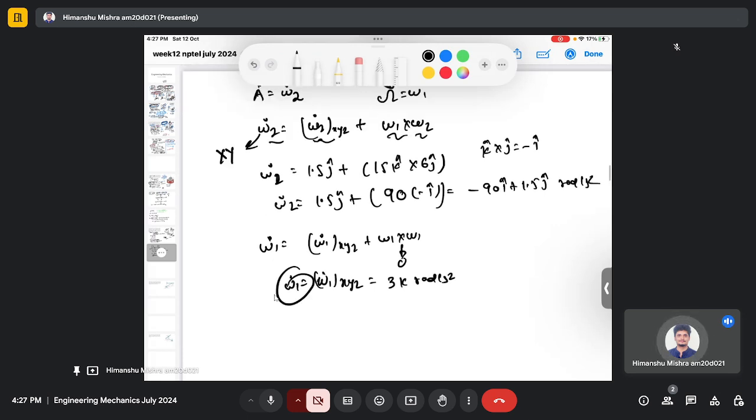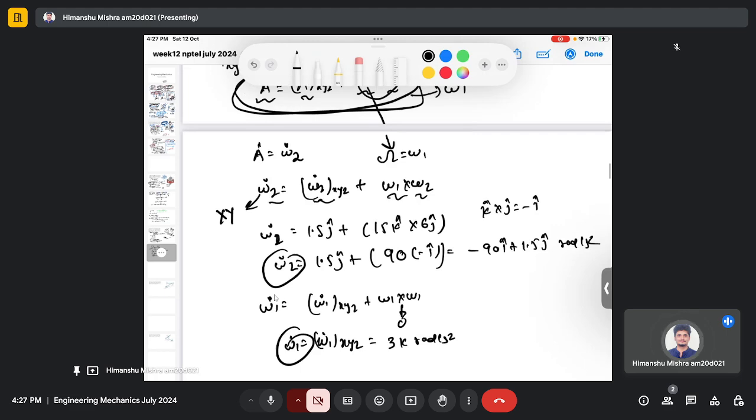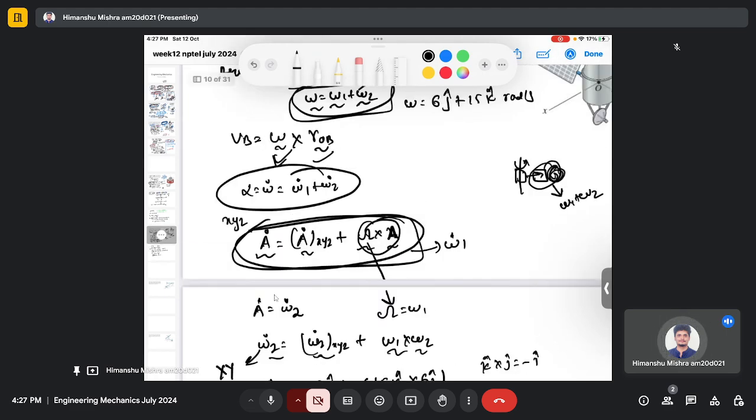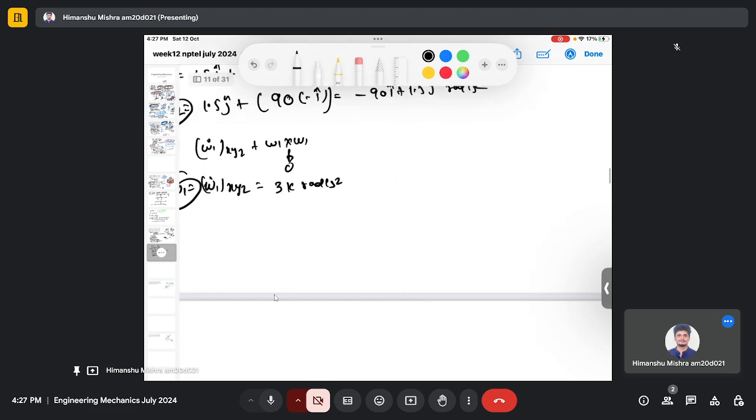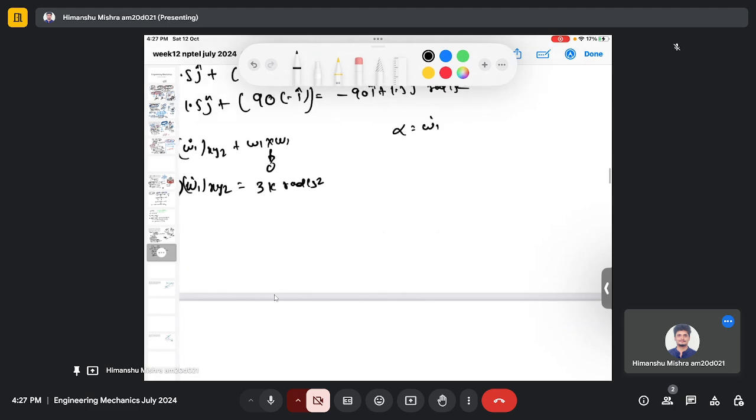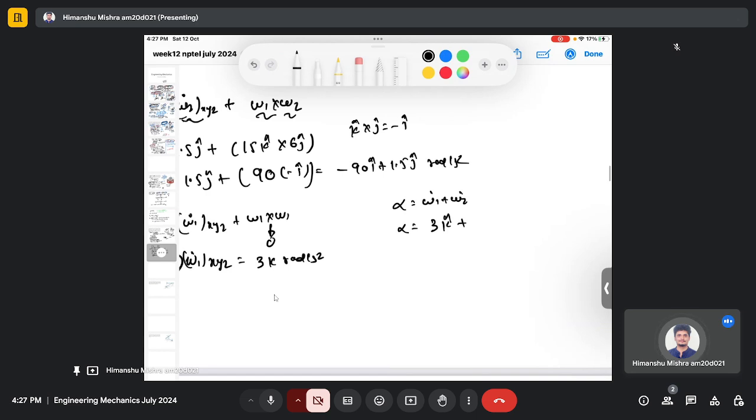So now we have omega 1 dot and omega 2 dot, and we can easily calculate the overall resultant angular acceleration using this formula. So my omega 1 dot is 3k and omega 2 dot is minus 90i plus 1.5j. So this is my angular acceleration vector.